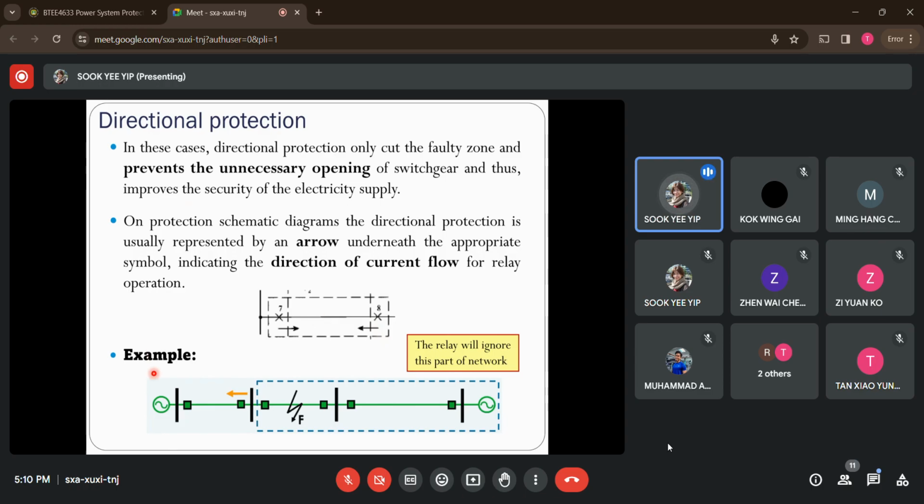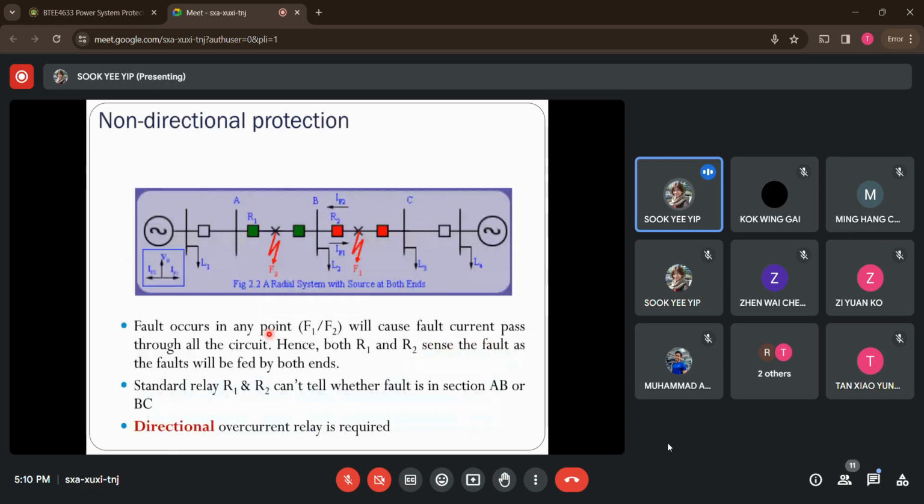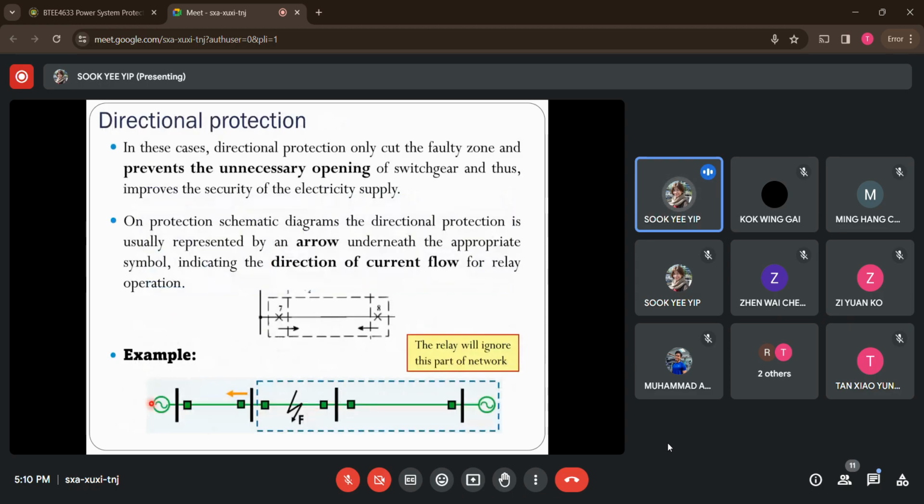So for example, if you go back to the previous case, in these conditions the line is divided into 3 sections with 2 generation sources at both sides. What happens if we have a fault occurring at the center part, which is at the second zone of this transmission line? We know that each zone here has been implemented with a pair of protection systems.